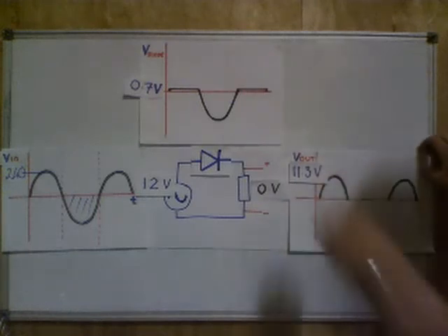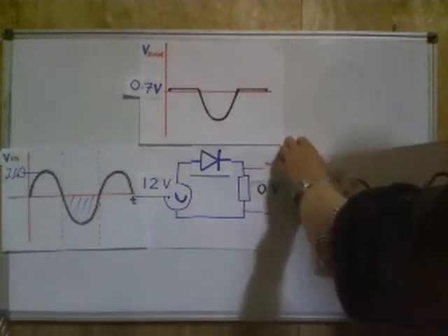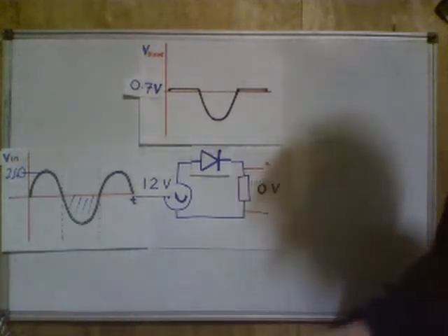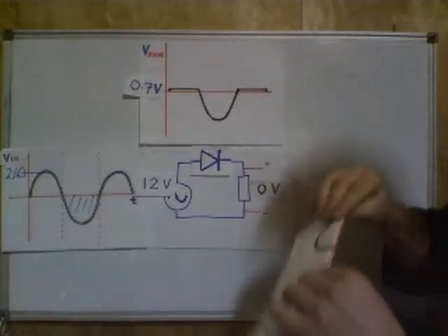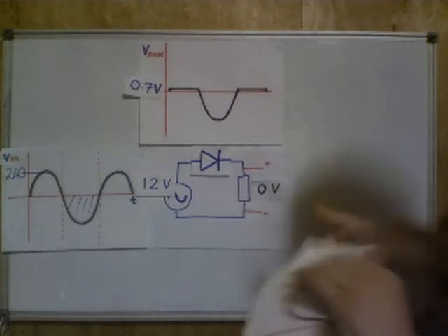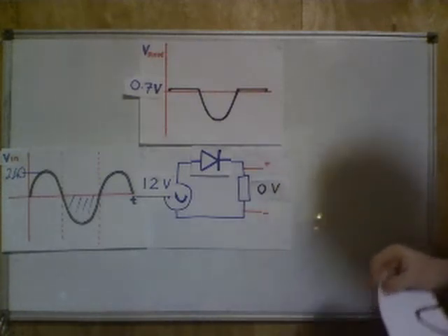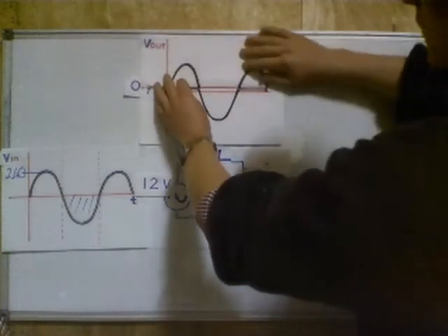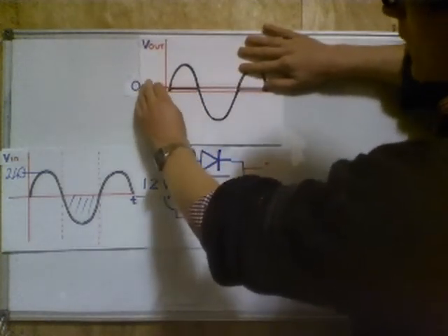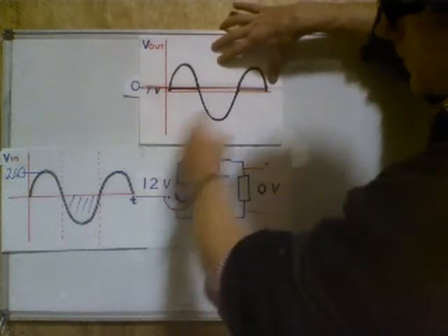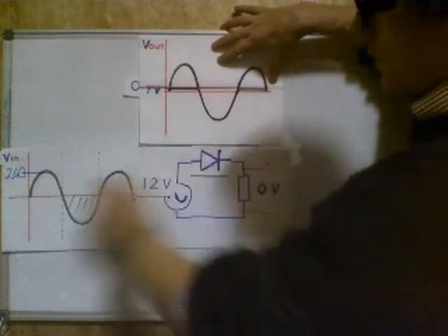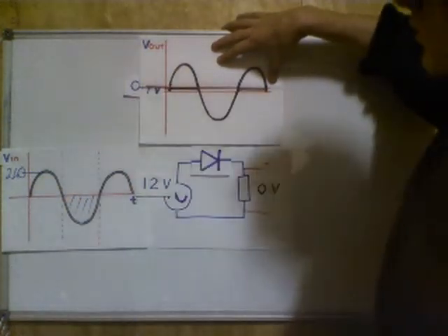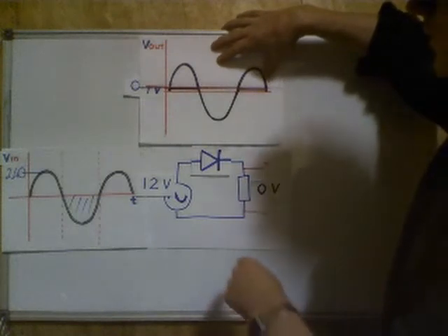If we want to try and add these two signals together, we'll see what happens. We add the signal that we have here at the output, by folding this piece of paper like so, to the signal at the diode. We should see that when we add those two signals together, the sum of all the voltage drops again is equal to the sum of all the voltage gains. It's just where those voltage drops occur that changes.